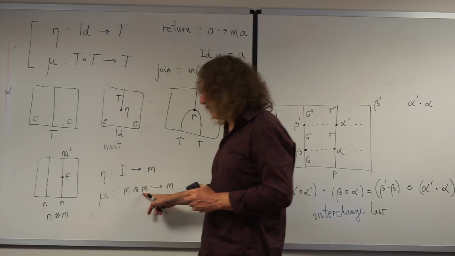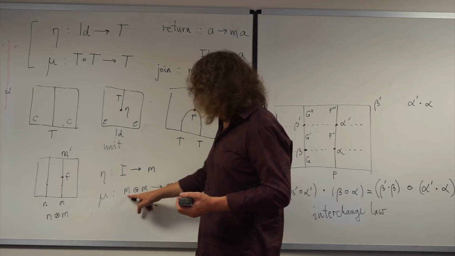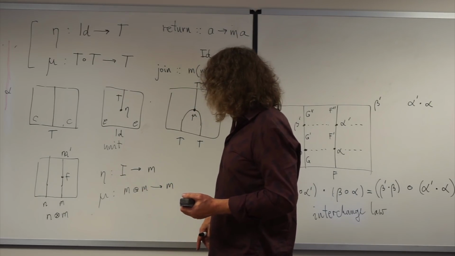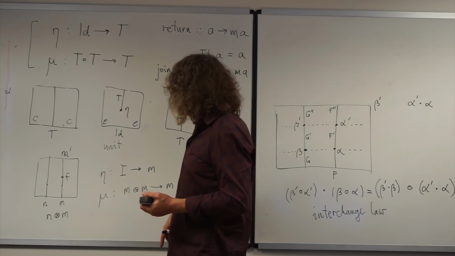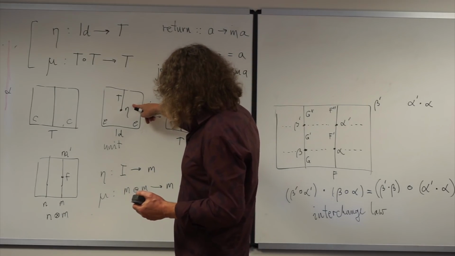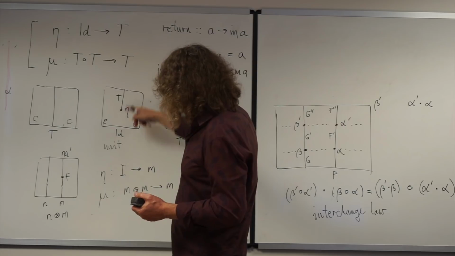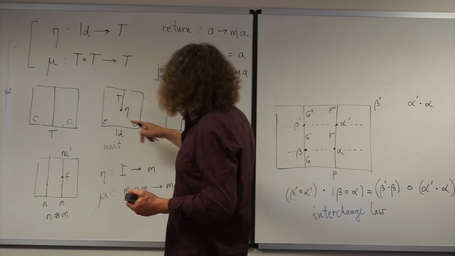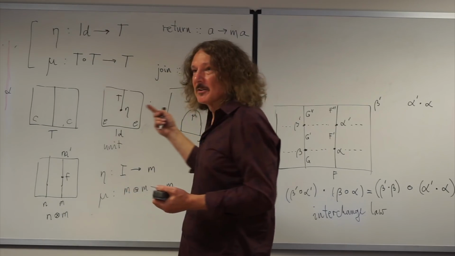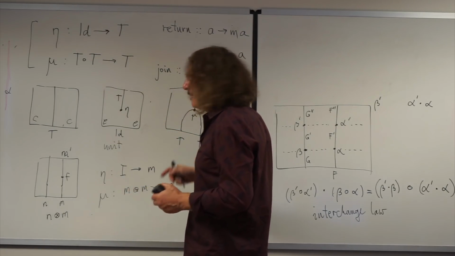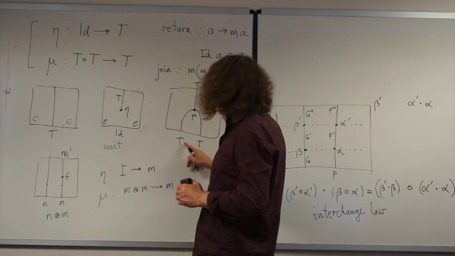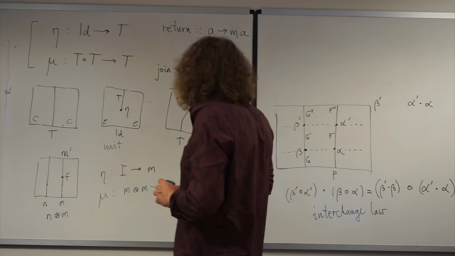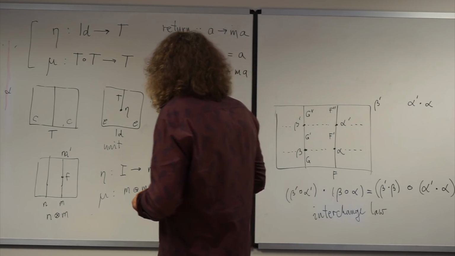Now you recognize this as multiplication, right? Multiply M times M, you get M, right? So this is this picture in a monoidal category, and this is this picture in a monoidal category, right? With a tensor product.